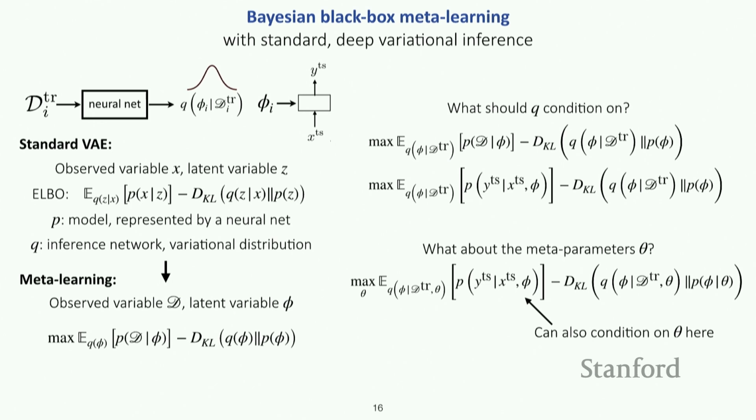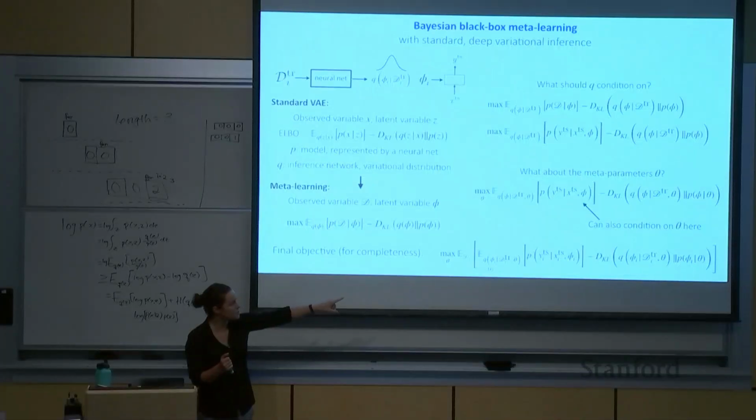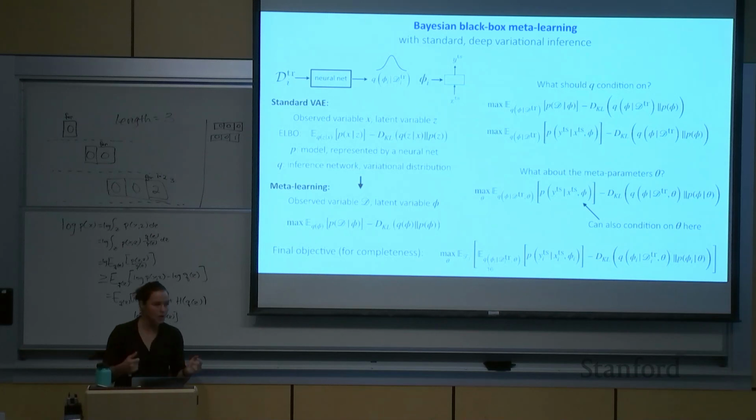For completeness, our final objective is written down here. Again, I'm missing the log in front of the p. We're maximizing, with respect to our metaparameters, an expectation over all of our tasks. We sample task-specific parameters from our neural network Q, use those to maximize the likelihood under P, and we also have this term on the right that encourages Q to stay close to some prior distribution.